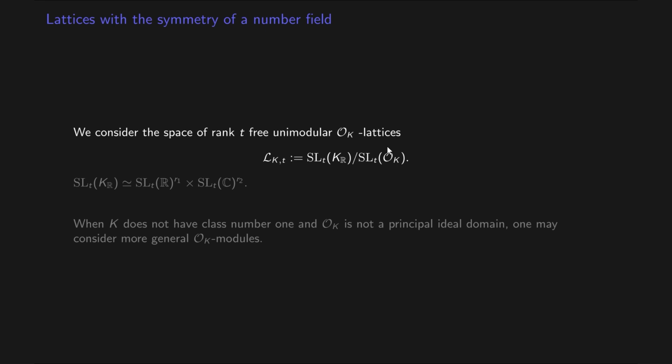And in fact, one can consider also more general lattices with these O_K symmetries, but for our purposes, this space was already sufficiently interesting, and all these other lattices will live in very similar spaces.